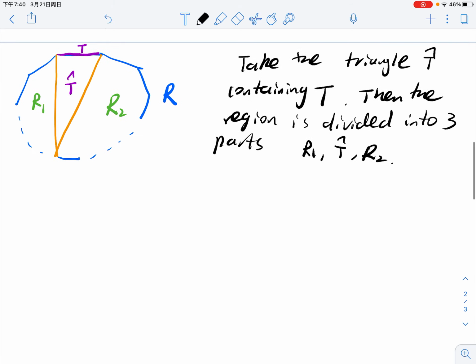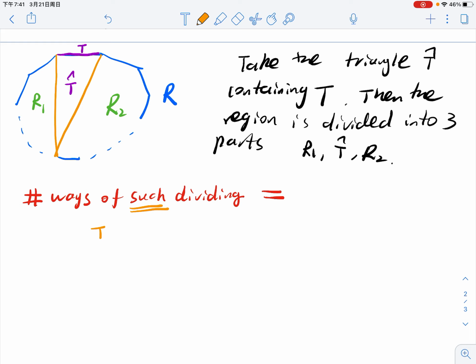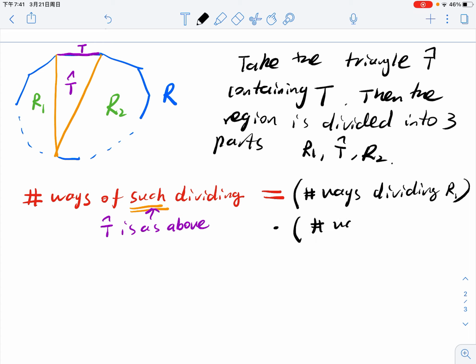Then we can compute: the number of such divisions, where T hat is as above, equals the number of ways of dividing R1 times the number of ways of dividing R2.